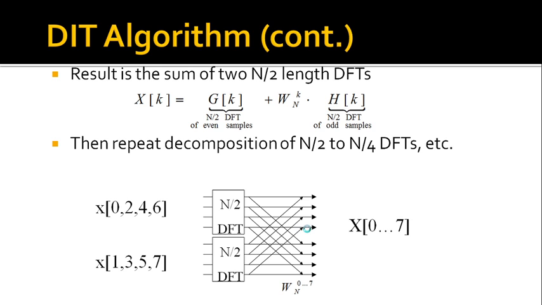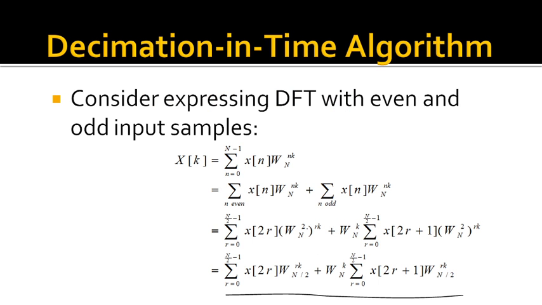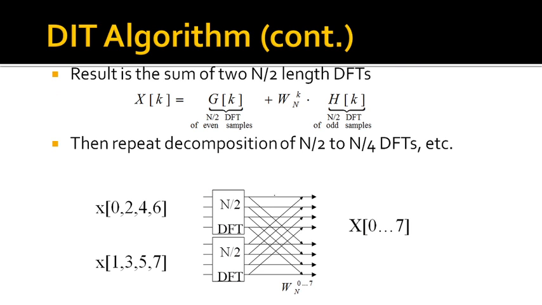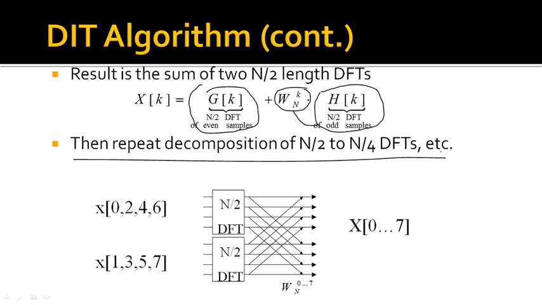Now I have to take the even part as g of k and the odd part as h of k, and the odd part I multiply with the twiddle factor W k n. This part will become absolutely clear when I solve a problem; I am sure everything will be crystal clear then.